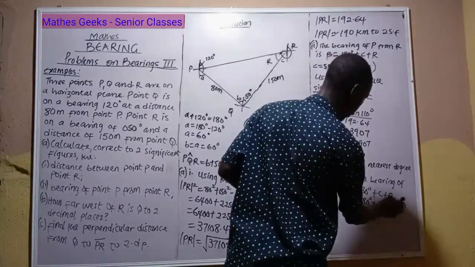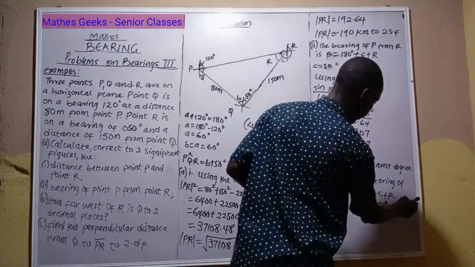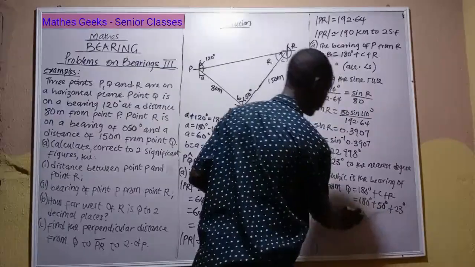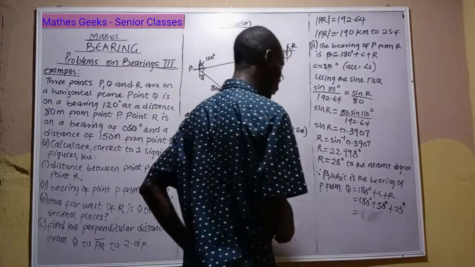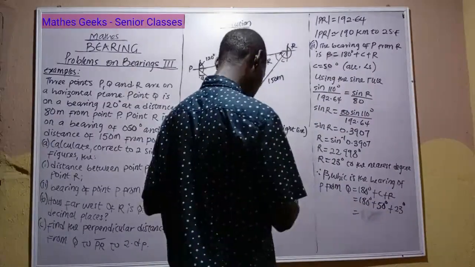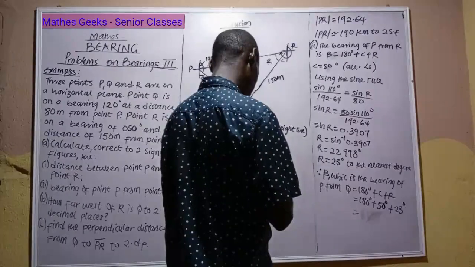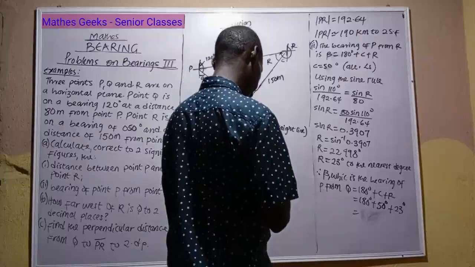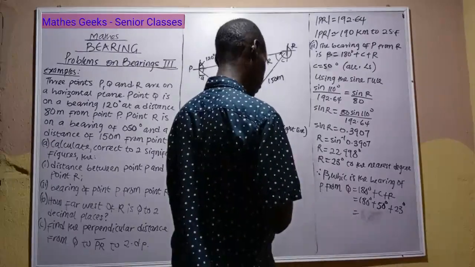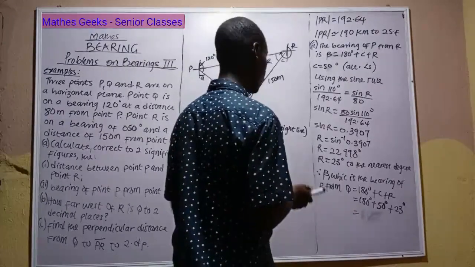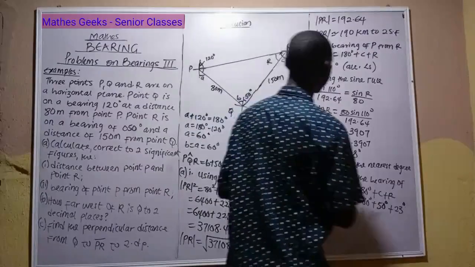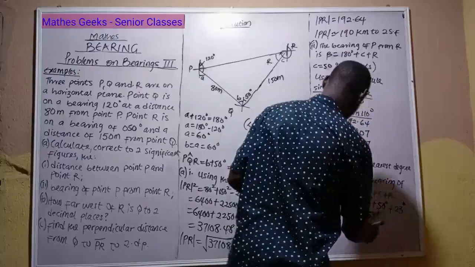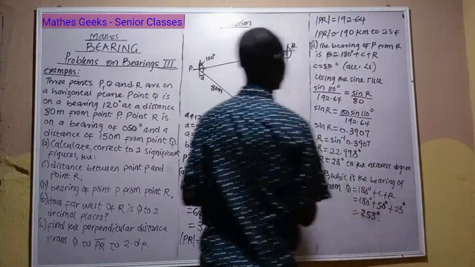So let me get my answer again: 180 plus 50 plus 23 gives you 253. 253 degrees. Final answer.